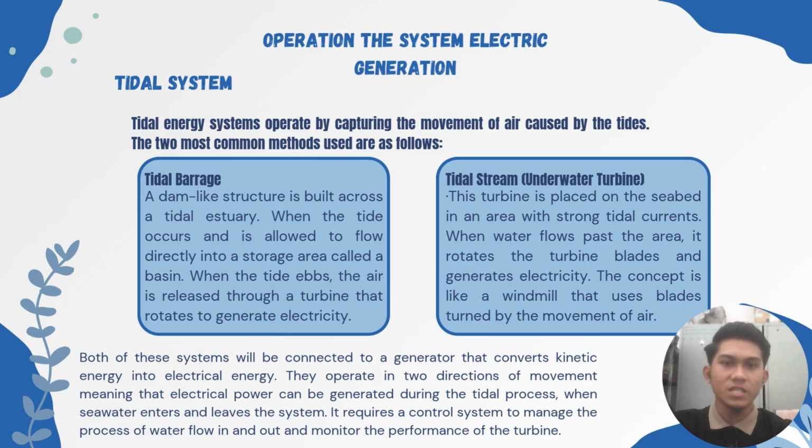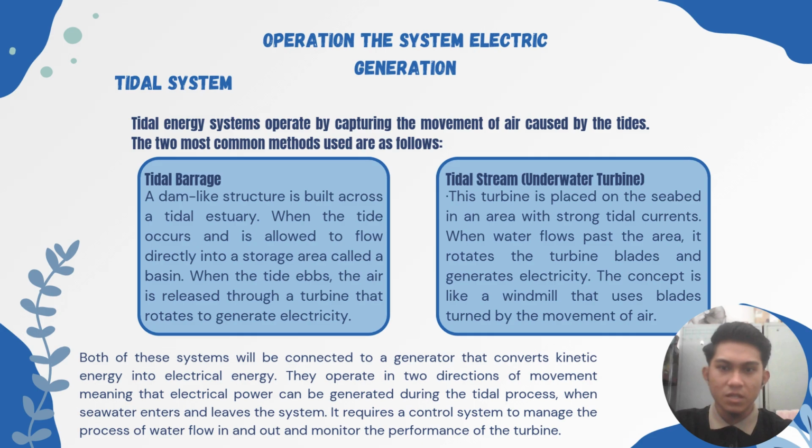The second is tidal stream, which is an underwater turbine. This turbine is placed on the seabed in an area with strong tidal currents, where the water flowing past rotates the turbine blades and they generate electricity. This concept is like a windmill that uses blades turned by the movement of air.